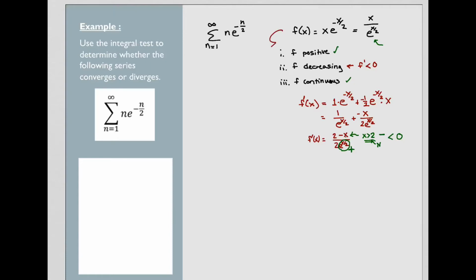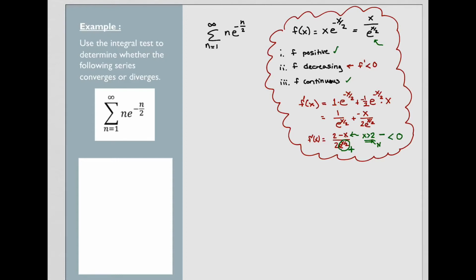That means the three conditions of the integral test are satisfied. And I've mentioned before, sometimes this is the hardest part of the integral test, is actually making sure that those three conditions are met. So now we go ahead and actually take the improper integral. Let's apply the integral test to our infinite series.